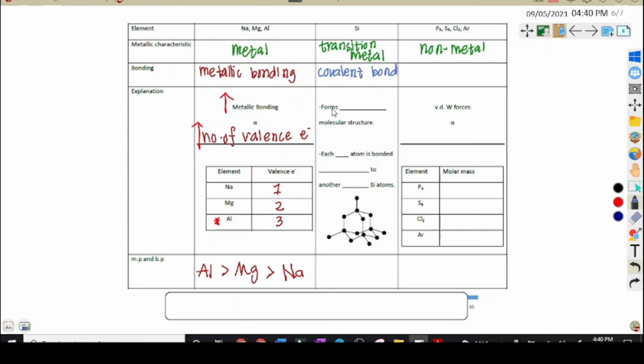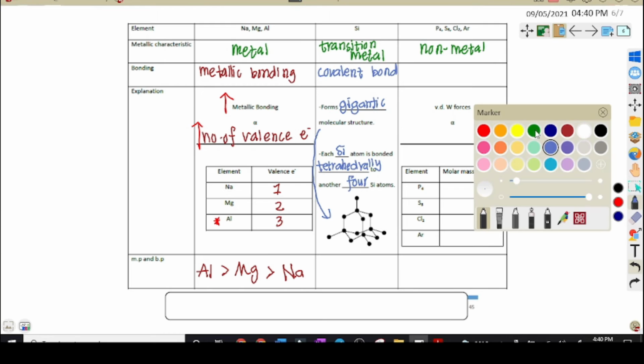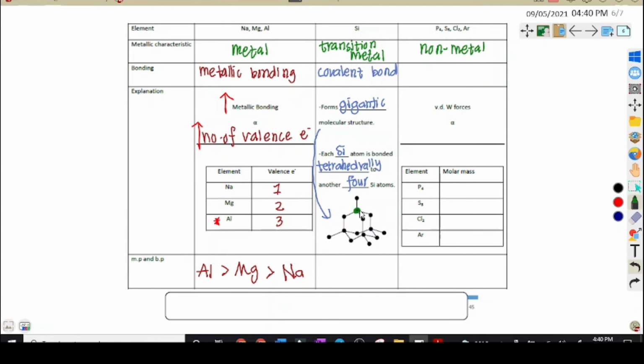So what's going to happen? Silicon will form a gigantic molecular structure just like this, where each silicon atom is bonded tetrahedrally to another 4 silicon atoms. What I mean by this is, let's say we have this green silicon atom.